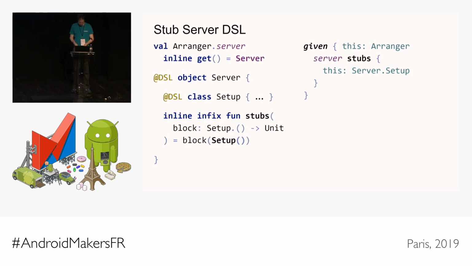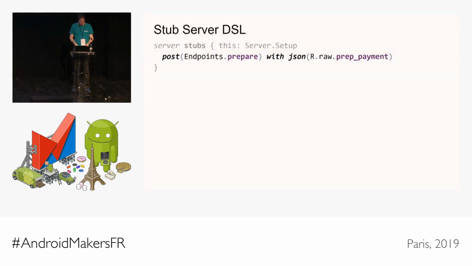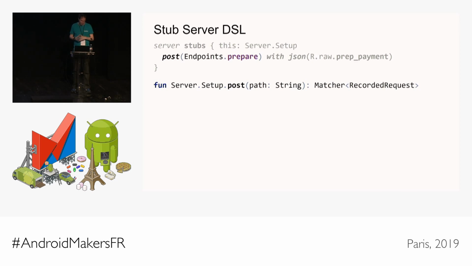And next, this is the DSL. It's quite easy to read. When the server stubs the post endpoint, then we return a JSON from the raw resources. This is broken down into 3 functions.